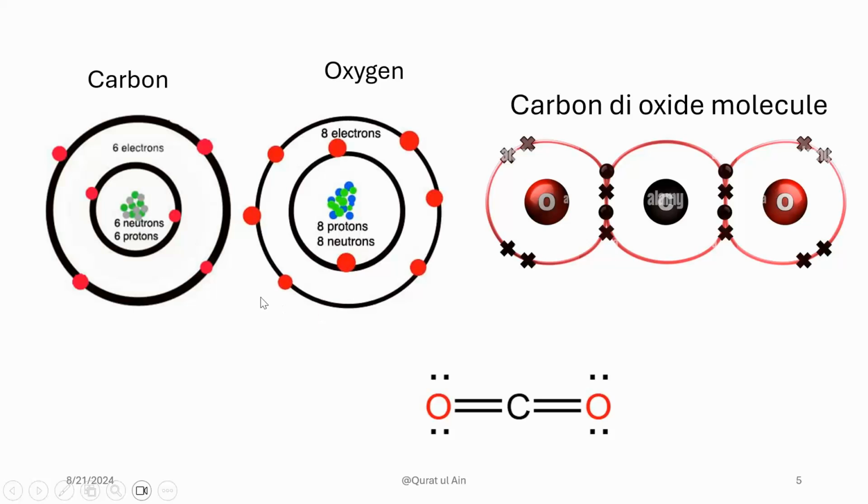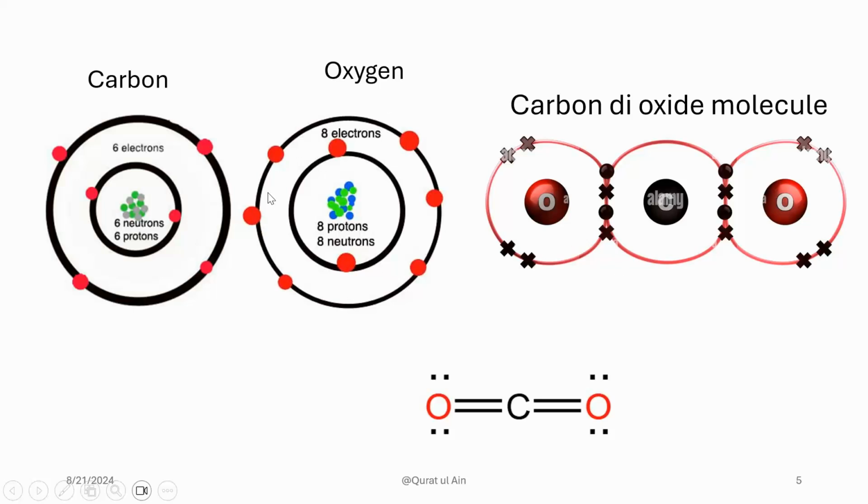So the carbon atom will present each of its unpaired electrons in the outer shell for bonding with the electrons of the oxygen atom in the outer shell. All the unpaired electrons of the carbon atom in the outer shell will make bonds with the electrons of the oxygen atom in the outer shell.